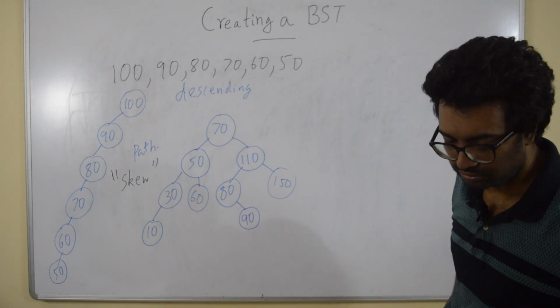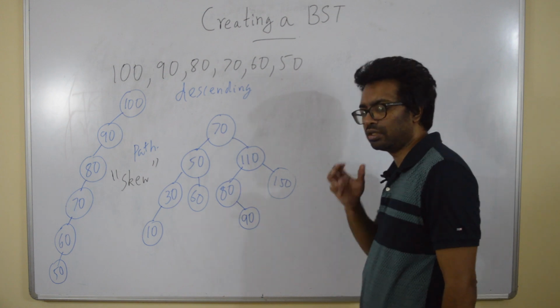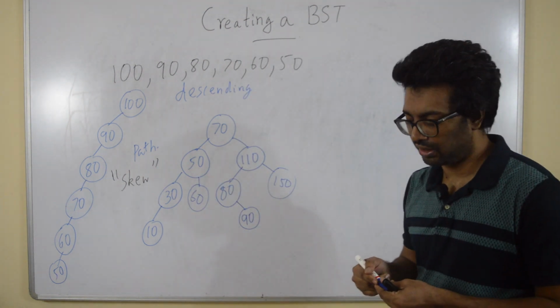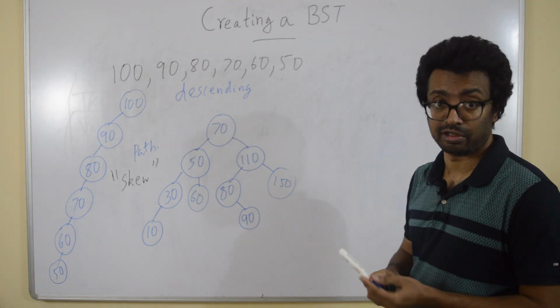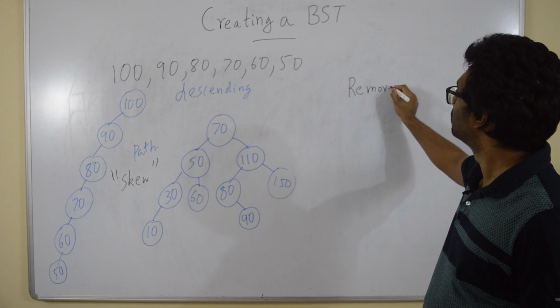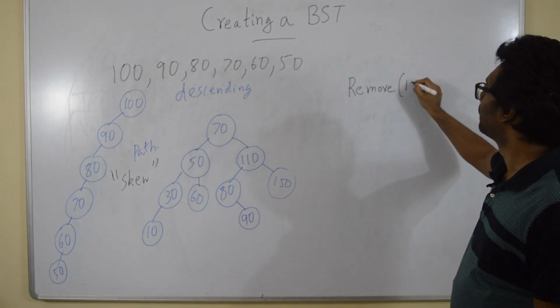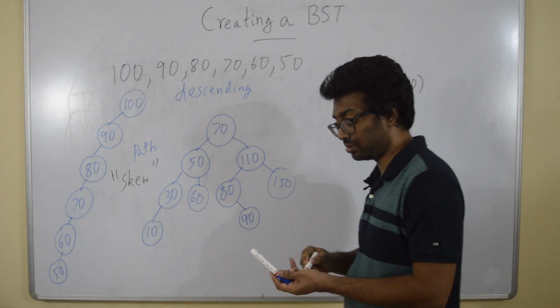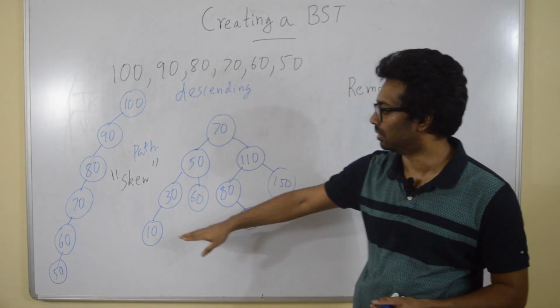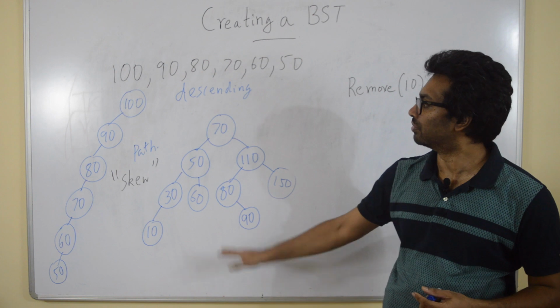Okay, let's first look at the easy case to delete. I want to delete, or let me call it remove. I want to remove 10. Okay, where is 10? Here. I want to remove 10 from this binary search tree.